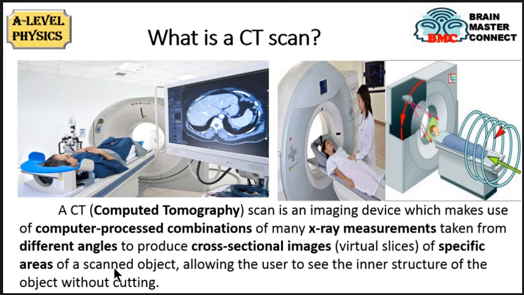This is what makes a CT scan a bit more sophisticated than X-ray scan, because the CT scan makes use of a computer-processed combination of many X-ray measurements, unlike an X-ray device that is only used to take a measurement of an object or to diagnose a body just in one direction, or just to get an image of such a body, and that is far different from what CT scan can do.